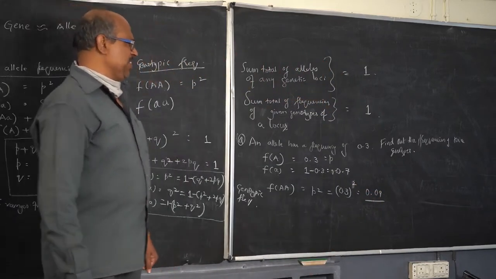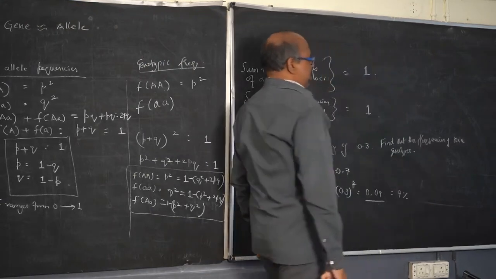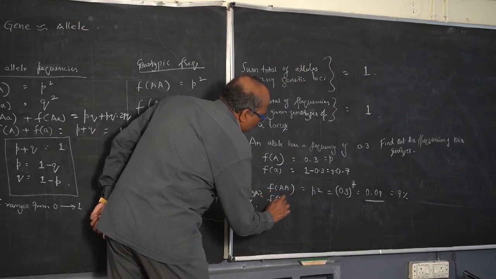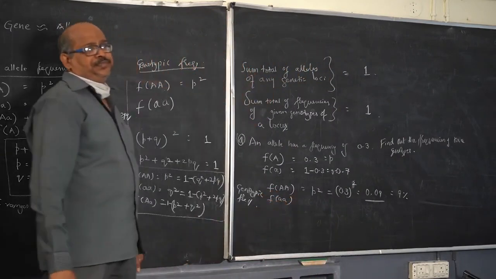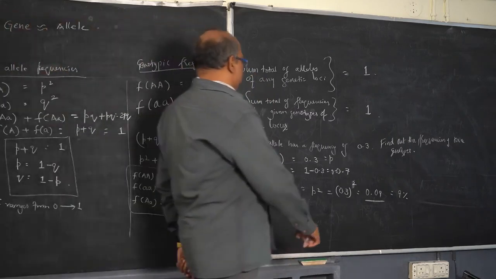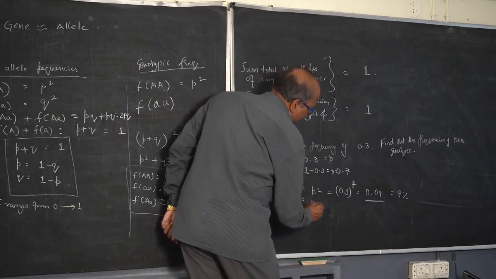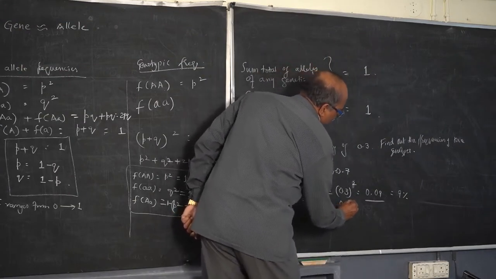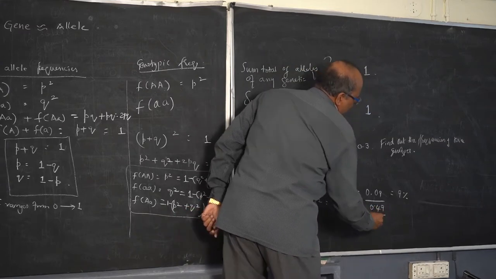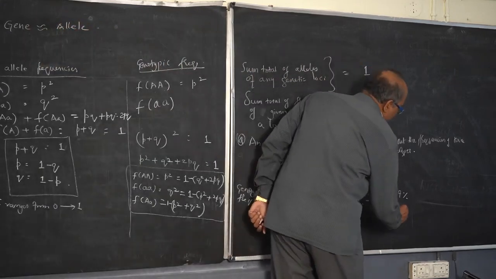If you want to express in terms of percentage, this is equal to 9%. Next one, the frequency of small a small a. So small a frequency is 0.7. So that means Q square, 0.7 whole square, which is 0.49, and you can take it as 49%.